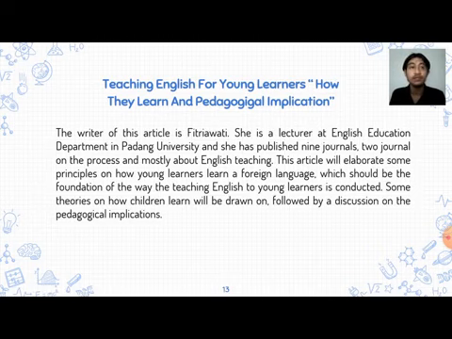This article elaborates some principles of how young learners learn a foreign language, which should be the foundation of the way teaching English to young learners is conducted, and some theories on how children learn will be drawn on, followed by a discussion on the pedagogical implications.